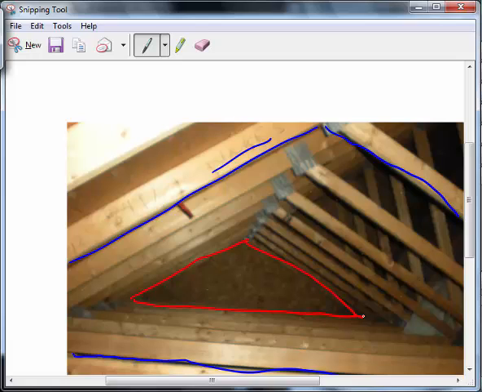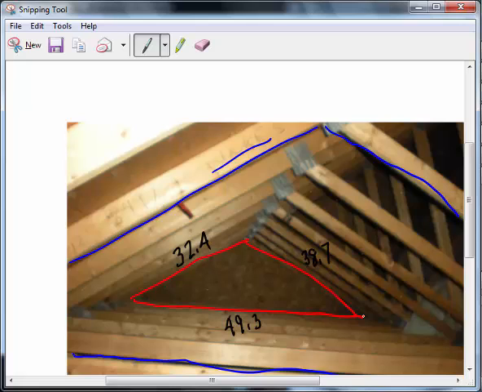I know that for this triangle back here, it's 49.3 inches. This is 32.4 inches, and this is 38.7 inches.